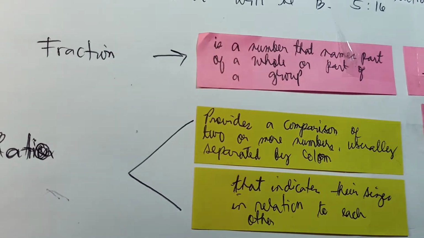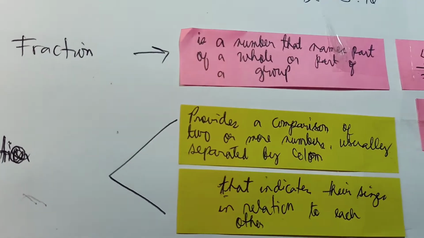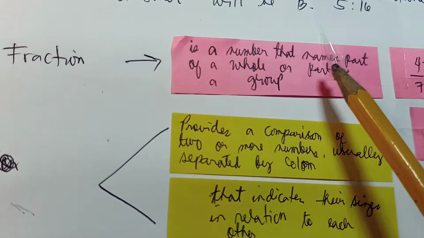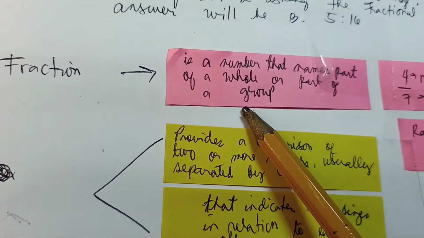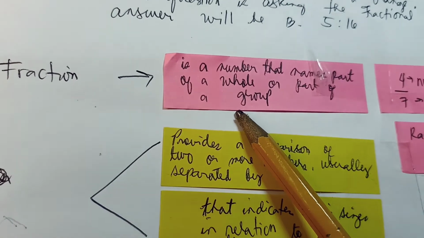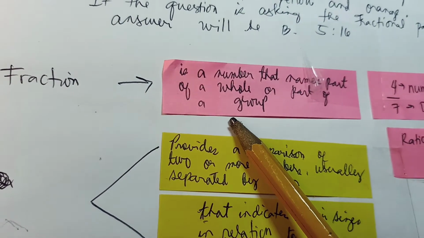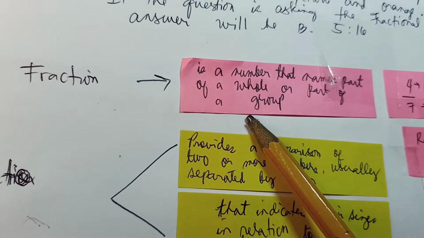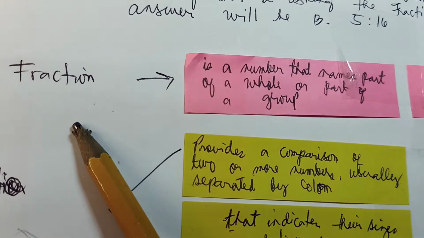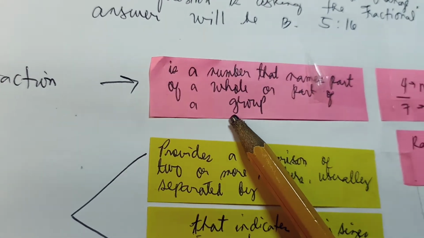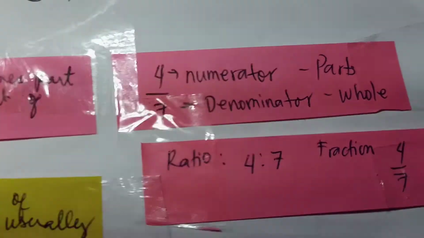A fraction is a number that names part of a whole or part of a group. So, it names the part of a whole. That is called a fraction. The fraction has a numerator and denominator.